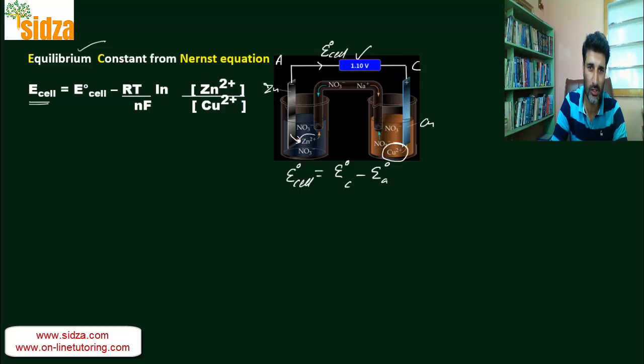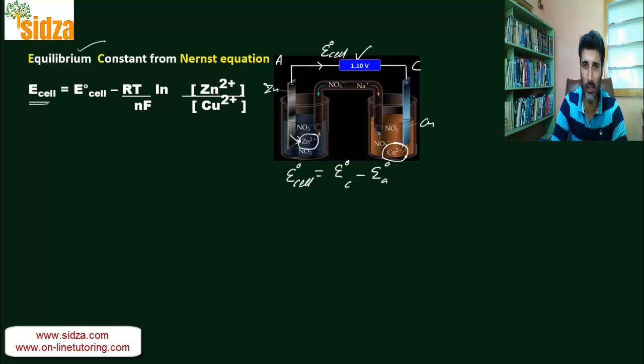So the zinc ion concentration in this cell increases, and with the increase in the zinc ion concentration, the reduction potential of the zinc also increases. This is what we discussed in the Nernst equation for the electrode potentials. When you change the concentration in the two electrodes, it will change the electrode potential.